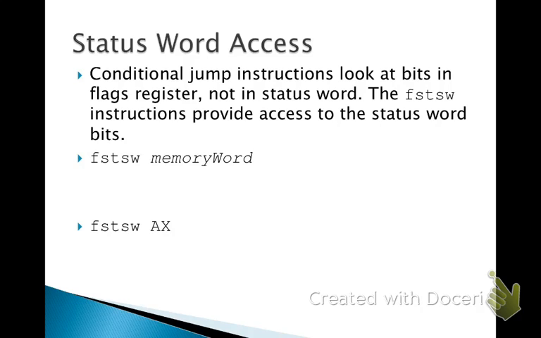So first one is float store status word. Okay, float store status word is going to copy the status register to memory. So status word goes to memory, and then I can access it from memory.